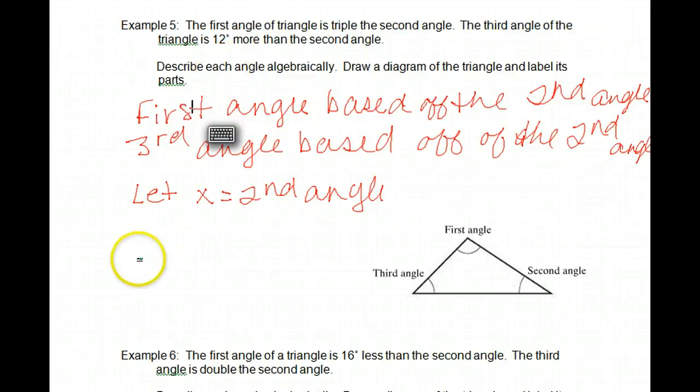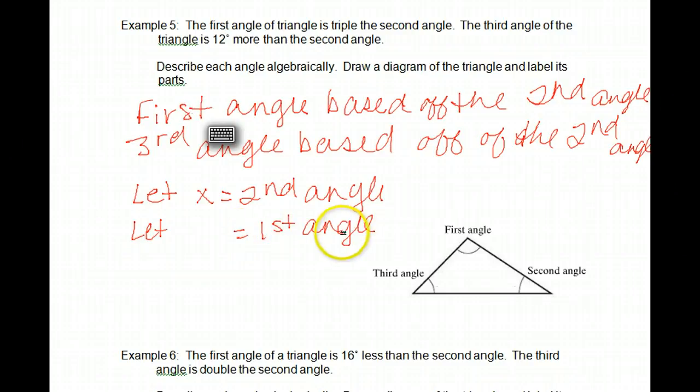So I'm now going to go back to my very first sentence and write an expression for my first angle. It says that the first angle is triple the second angle. Well, my second angle was x, and tripling means to multiply. So 3 times x is 3x. Now I'm going to write an expression for my third angle.